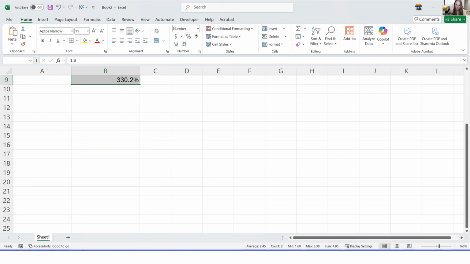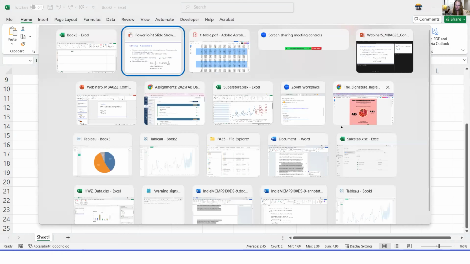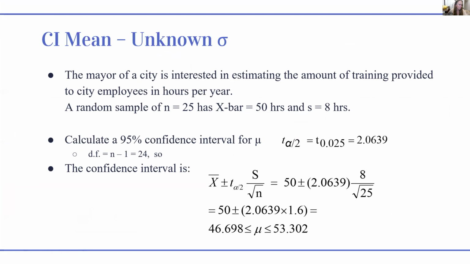I have to stop sharing. It won't let me do this while I'm sharing. Super annoying. All right. So, yeah, I'll share again. Always torturous to use Excel on this computer.